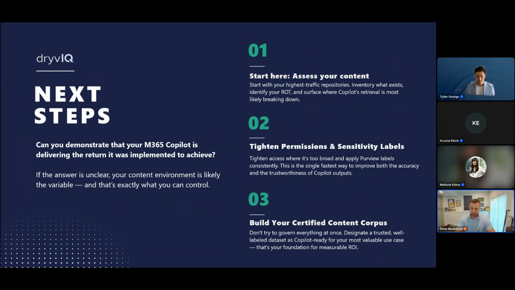Labels are part of the equation, but labels will not necessarily be as impactful to Copilot if you don't have your classification set first, like what really matters to you. And when you're ending with this, it's going to be: what location is most important to us? What locations are going to be where Copilot comes into play, and which ones do we feel comfortable bringing into M365, bringing them into the graph, to bring them to a better state for ROI?